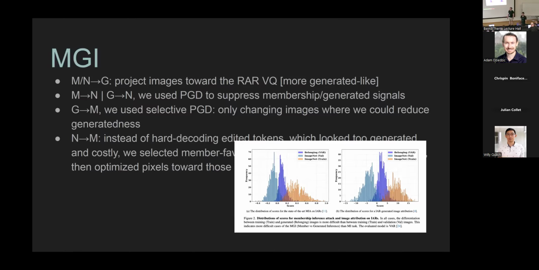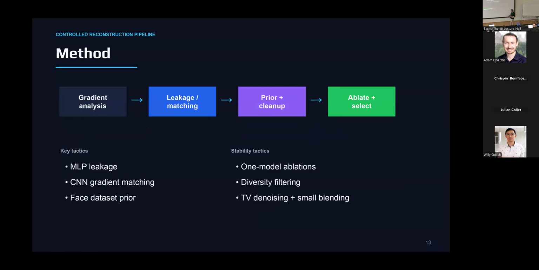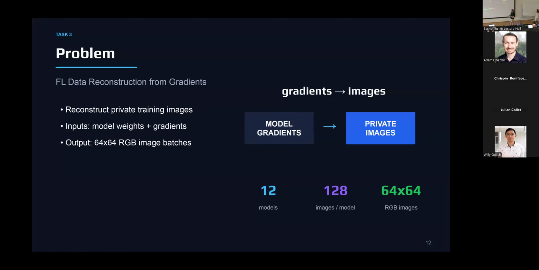My question was, in the federated learning task, what do you mean by the model ablation, really? On the previous slide you had this one model ablation. If you go back one slide.